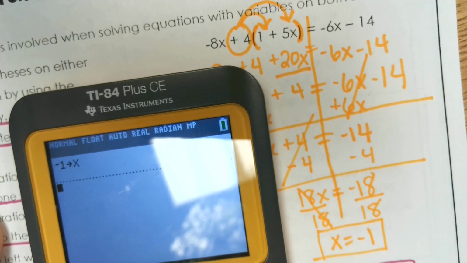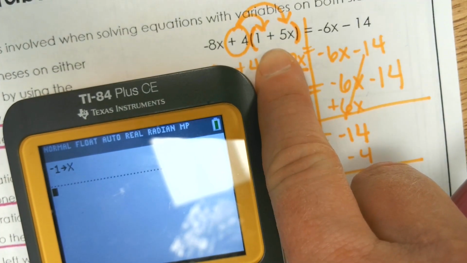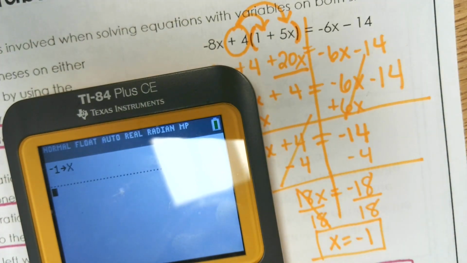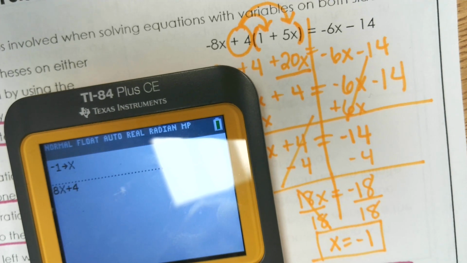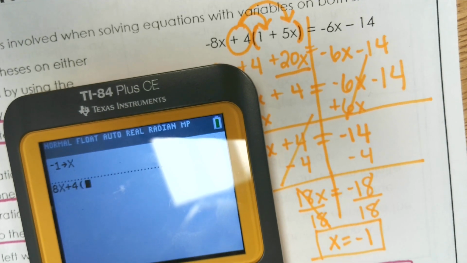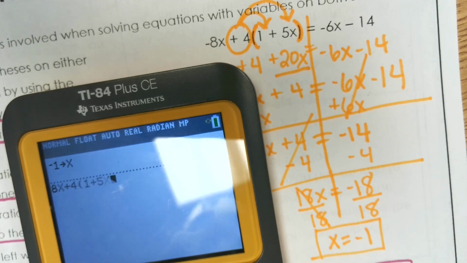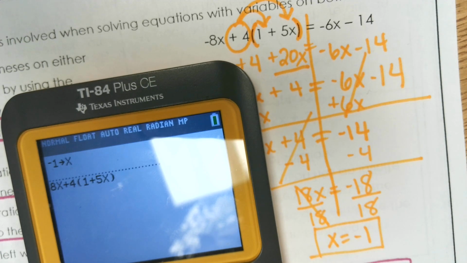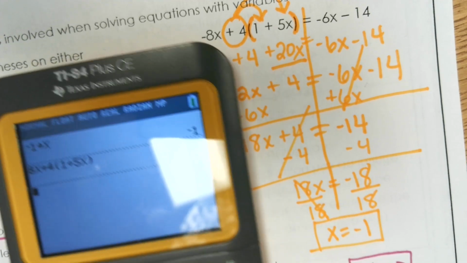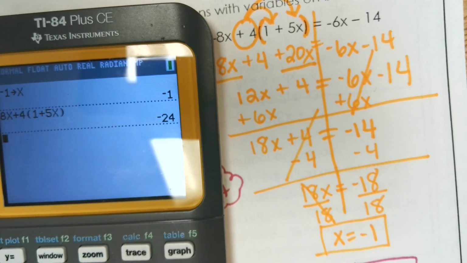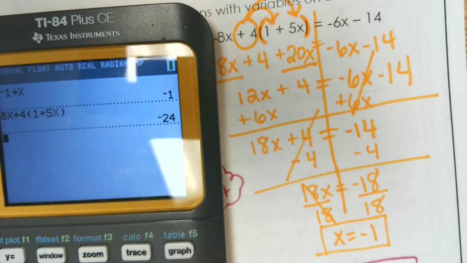Then, just like we did yesterday, we're going to put in the left side of the equation. So 8x plus 4, parentheses, 1 plus 5x, parentheses. That equals a -24.